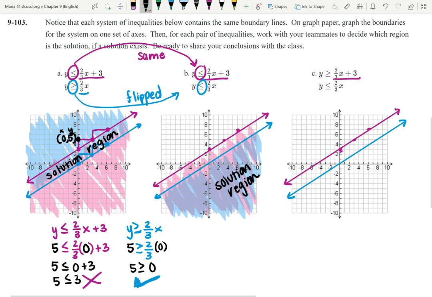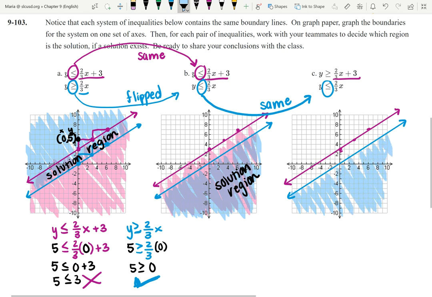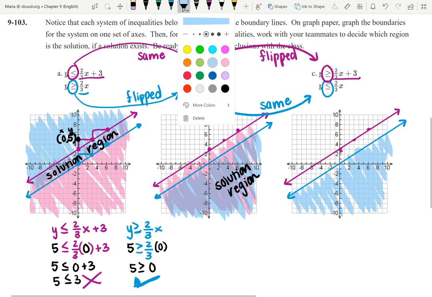Okay, similarly for part C, from B to C, this inequality symbol has stayed the same. So for that inequality drawn in blue, I'm going to shade below the line like I did in part B. But now that this first inequality has flipped symbols, it was less than or equal to before, now it's greater than or equal to, instead of shading below that pink line, now I'm going to shade above it.